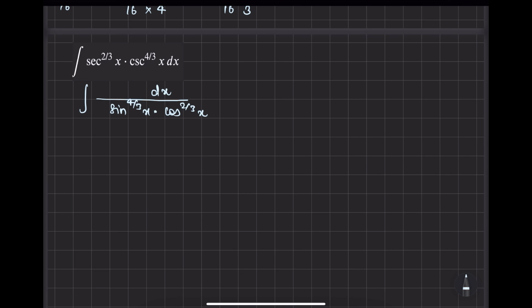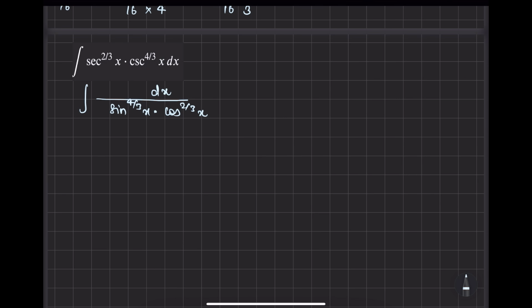We will observe the power of sine. If it is odd, we will take cos as z. If cos is having power odd, we will be taking sine as z. And if it is not falling in case number 1 or case number 2, it is not applicable.